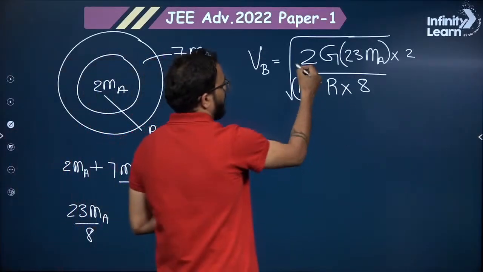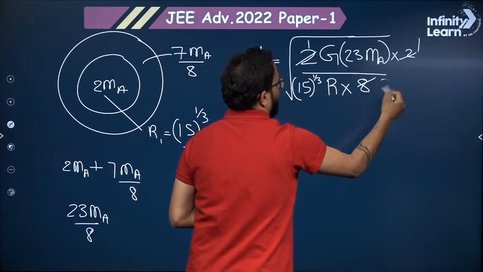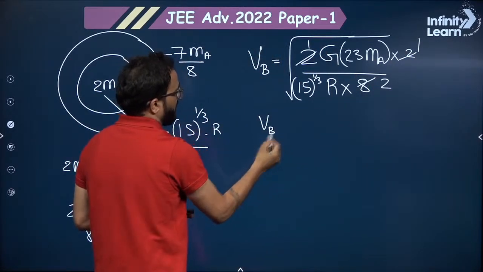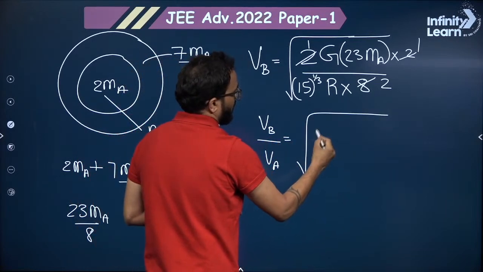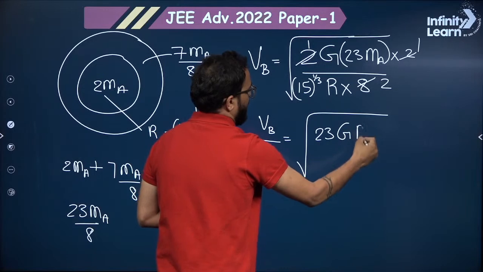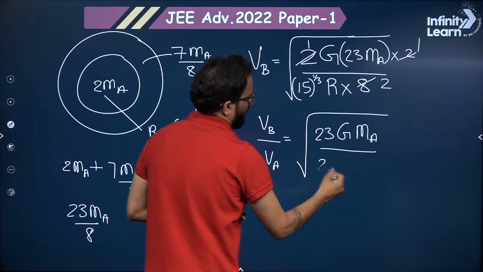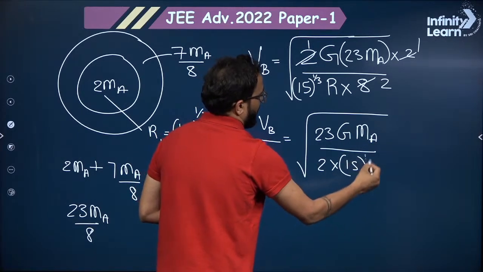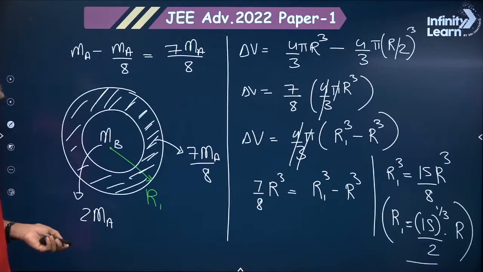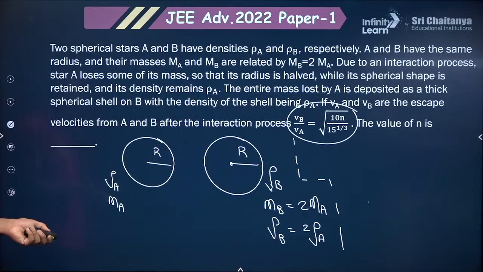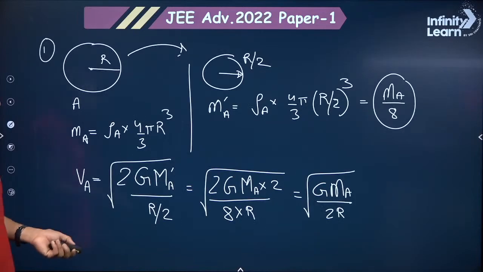What is Vb? So Vb upon Va will be root over 23 GMA upon 2 into 15 to the power 1 by 3, upon Va, which is GM by 2R.